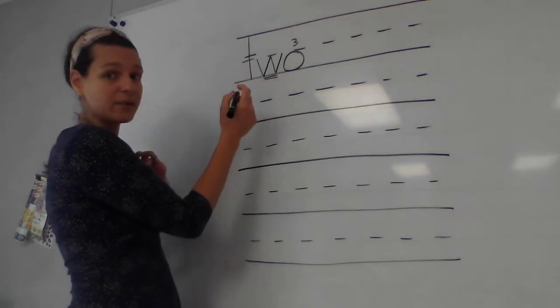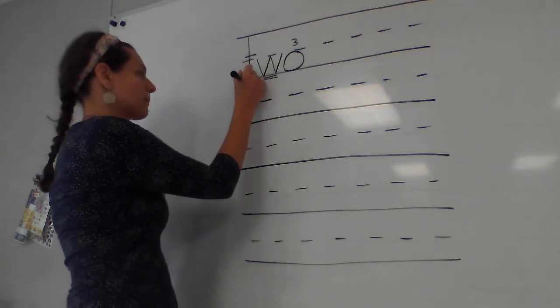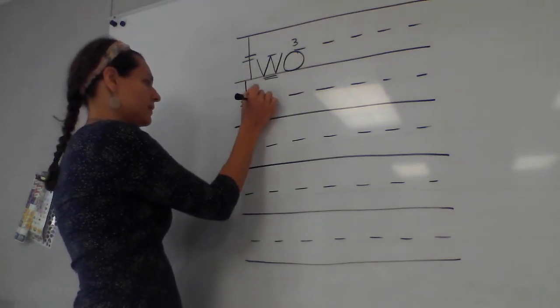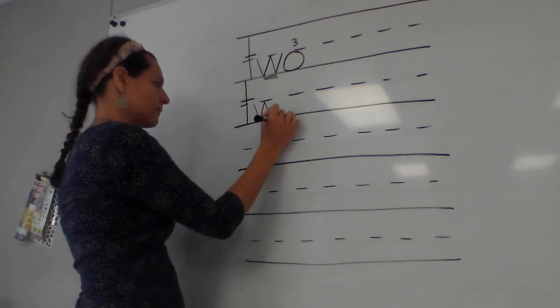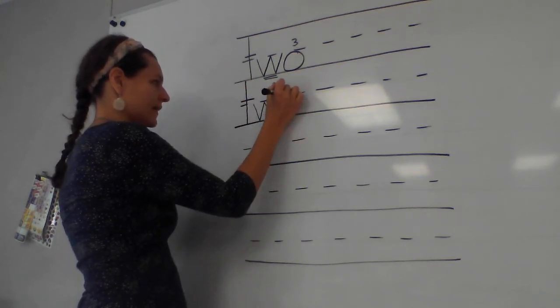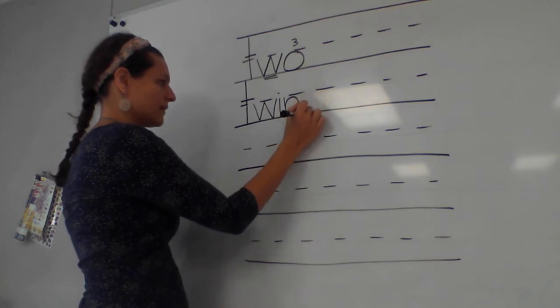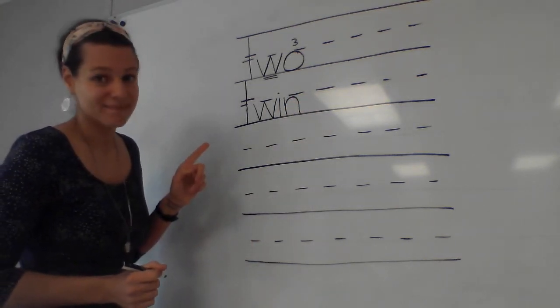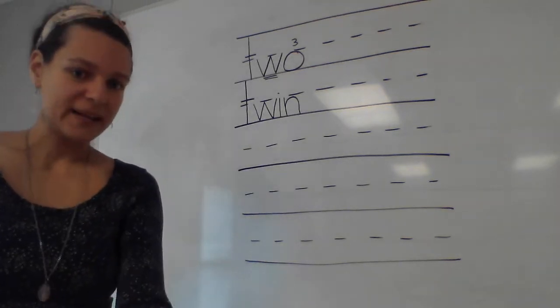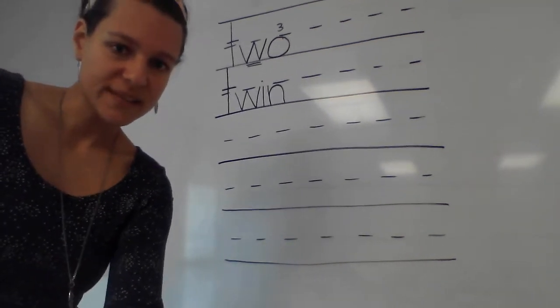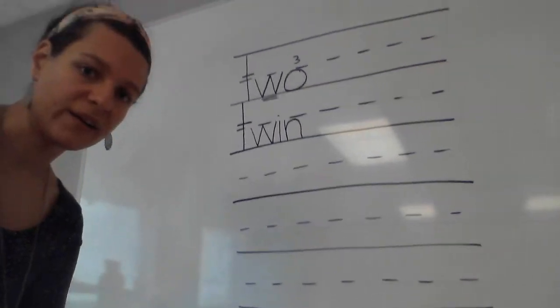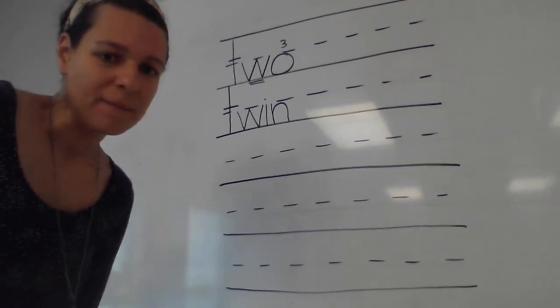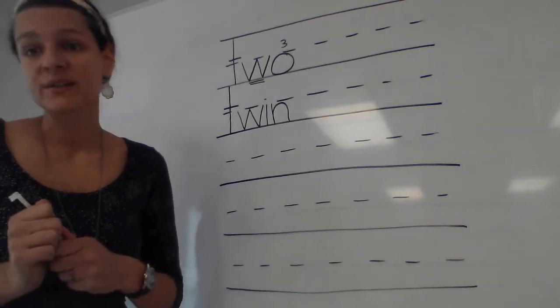All right, tell me what I need to write to spell twin. Good. Excellent. And is there anything we need to mark in this word? Nope, since it's basic code and everything is making its first sound, or there's no 2-letter phonograms, there's nothing to mark. All right, we'll move on to twice.